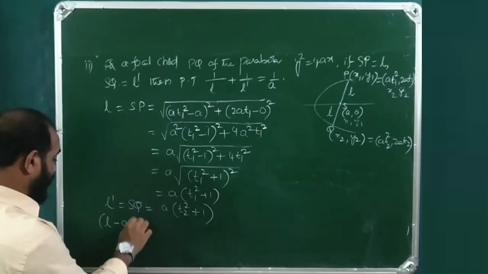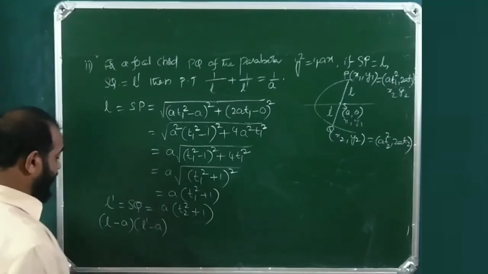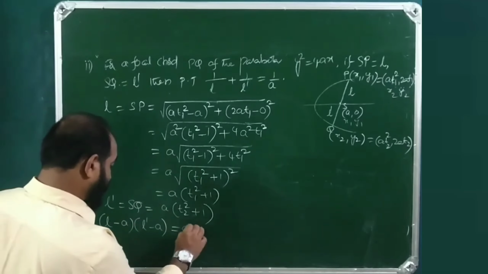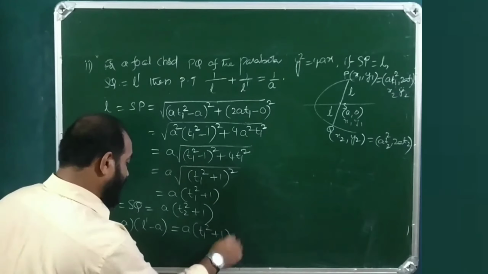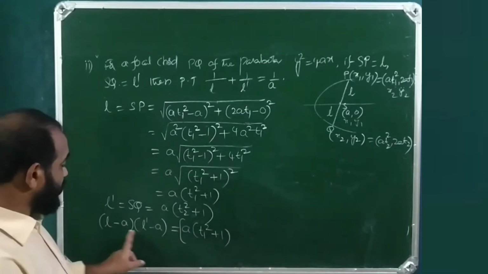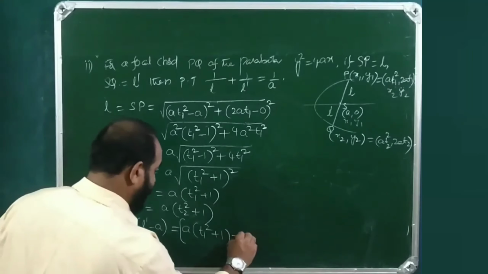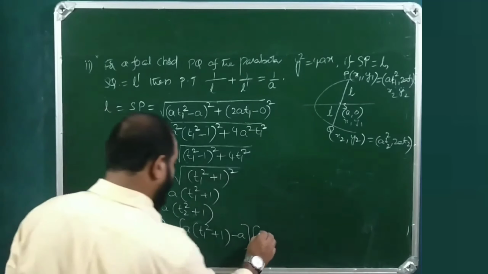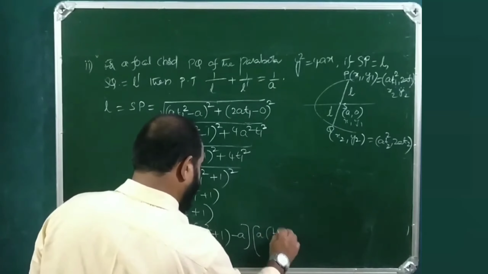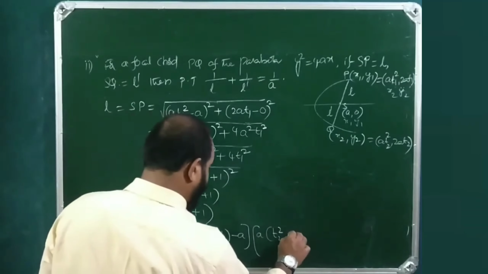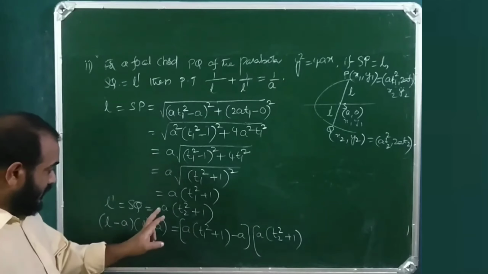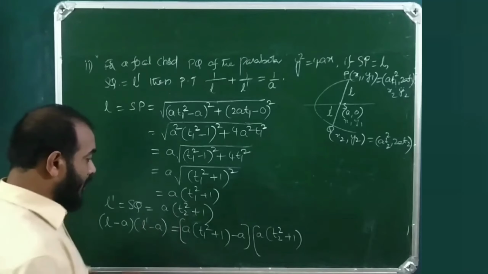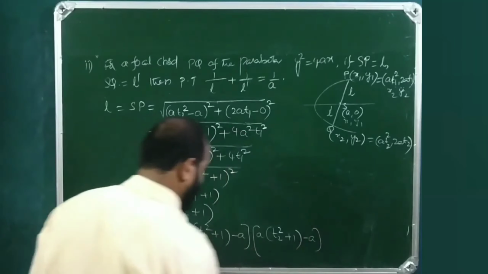a into L dash minus a I will take. What is L? L is a into t1 square plus 1. L minus a is a into t1 square, and L dash minus a is a into t2 square plus 1 minus a, which is a t2 square.